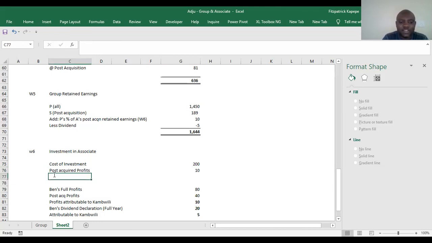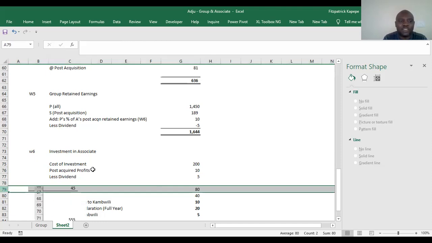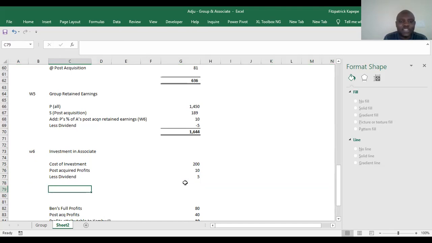Then less dividends, 5, because this goes into the balance sheet. Remember, it goes into the balance sheet. So meaning that what remains in the investments will be 215.